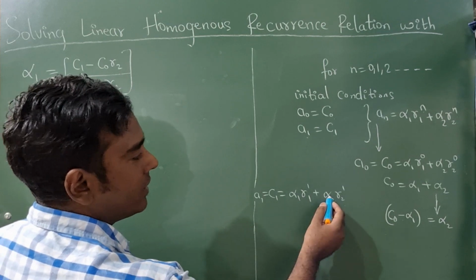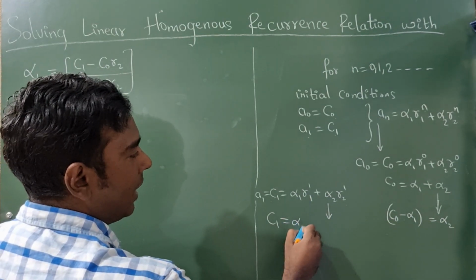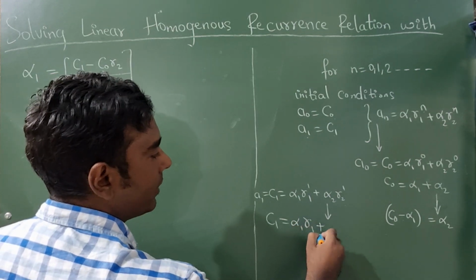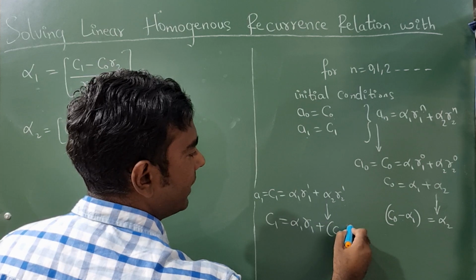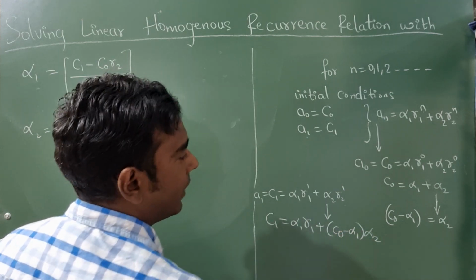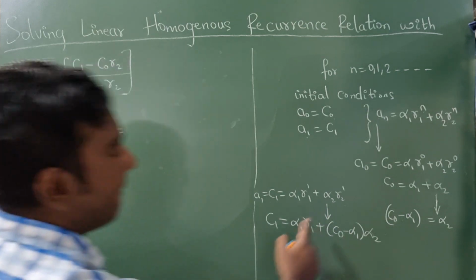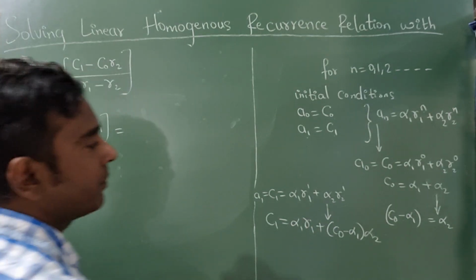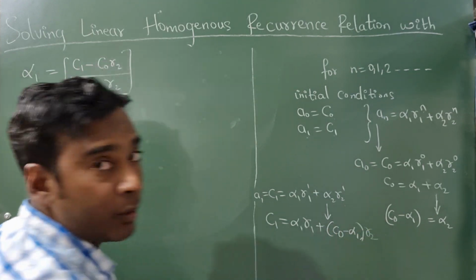In this equation substitute alpha 2: C1 = alpha 1 r1 + (C0 minus alpha 1) times r2.